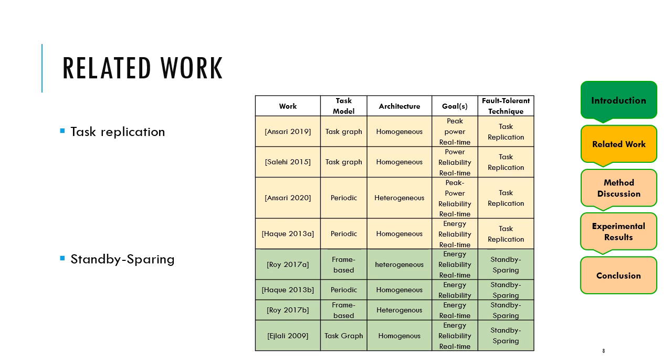Also, some constraints are defined in the system, such as power, energy, and real-time constraints. After that, the proposed method is presented to achieve the set goals, which you can see in the table.